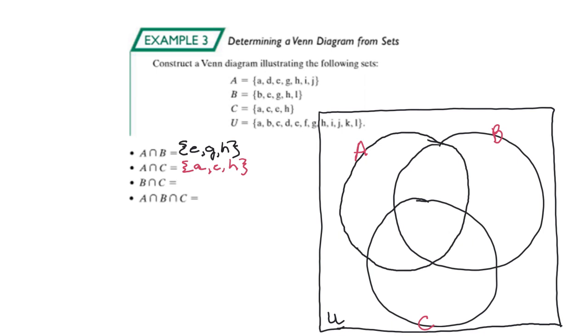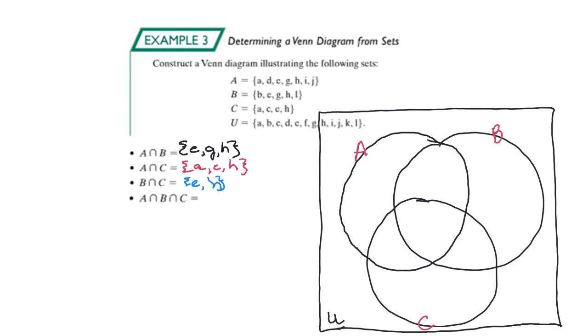The next intersection is B intersect C. Look at set B and set C and write down what they have in common. It looks like they have E and H in common. B intersect C, they have E and H in common. All right, my H didn't quite look right.